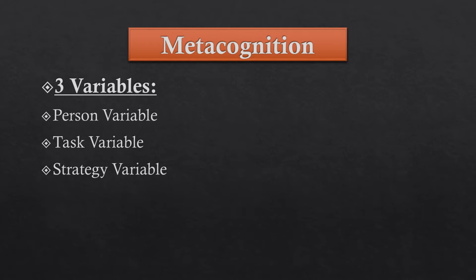Task variable, on the other hand, is your knowledge about how difficult or how easy the task is. And the strategy variable is your knowledge about different strategies on how you are going to tackle or finish the given task.